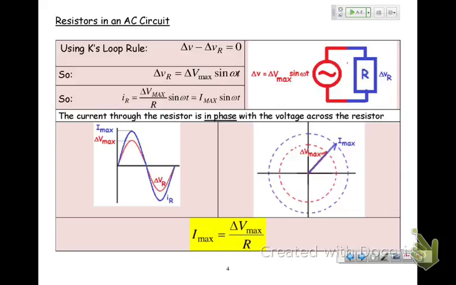I want you in this section, this is my tip. These are LRC circuits. Now, if you look in the book, I don't think they're called LRC circuits. Anybody got their book on them? Doesn't matter.